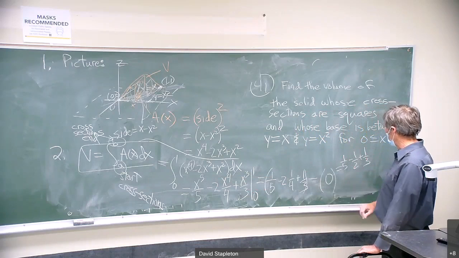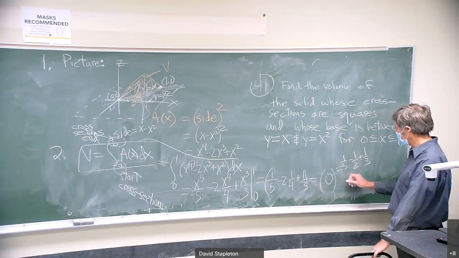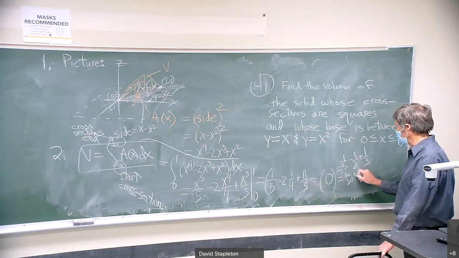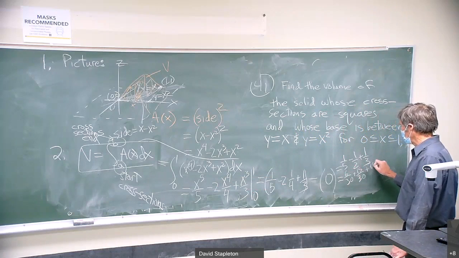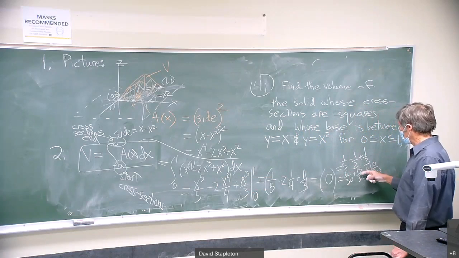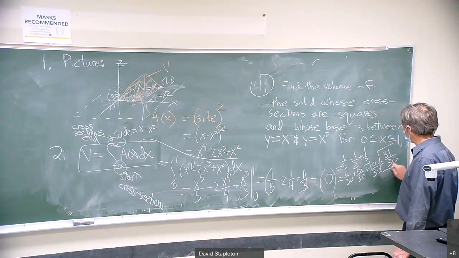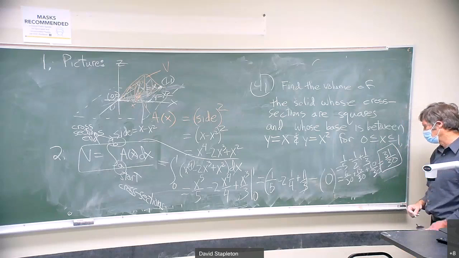What is that? We're going to put them over a common denominator of 30. So this is 6/30 minus 15/30 plus 10/30 gives me 1/30. How about that? There's the volume of that crazy solid, right?